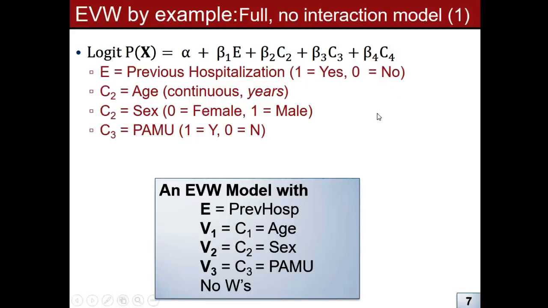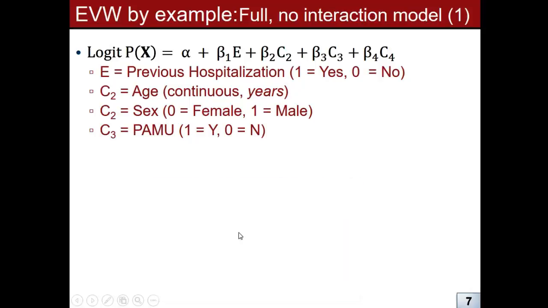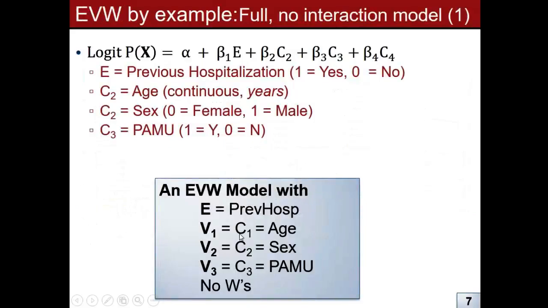Here, this is 1, 2, 3. That looks better. Not only was this a model with an exposure, previous hospitalization, but it had 3 control variables: age, sex, PAMU.